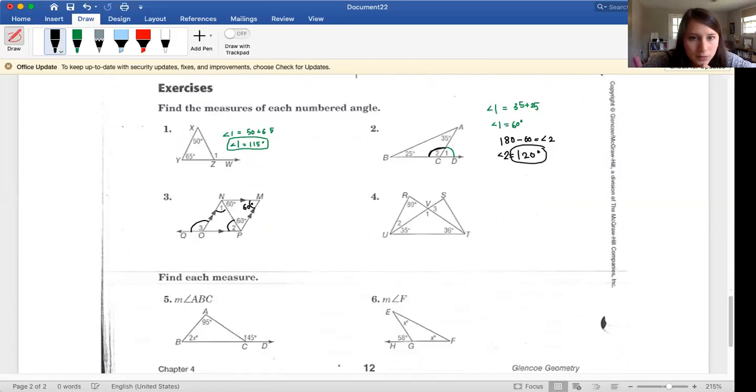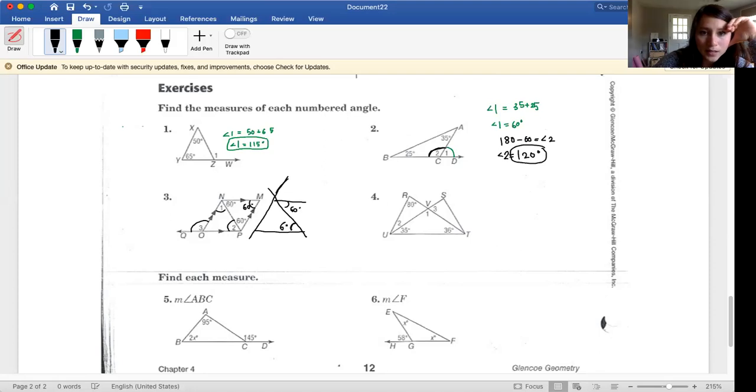Probably 60 degrees, right? So thinking through this, if I've got 2 parallel lines and a transversal right here, and then maybe another cutting through here, if this is 60 degrees, what do you think this angle would be?